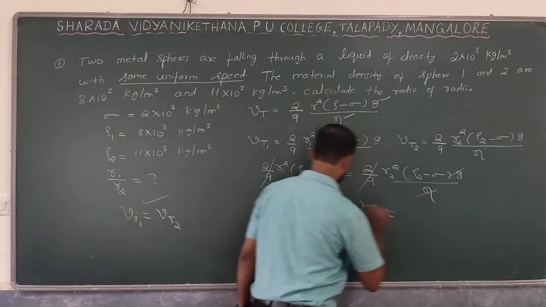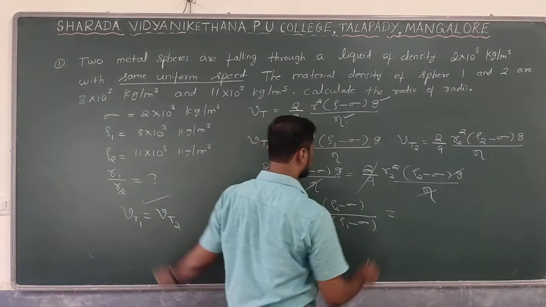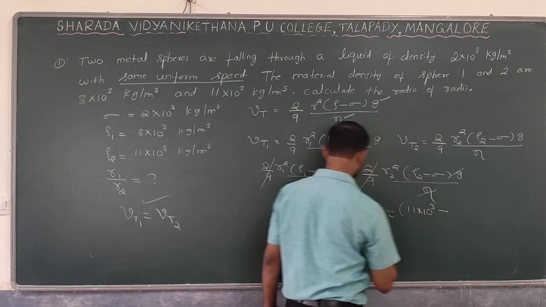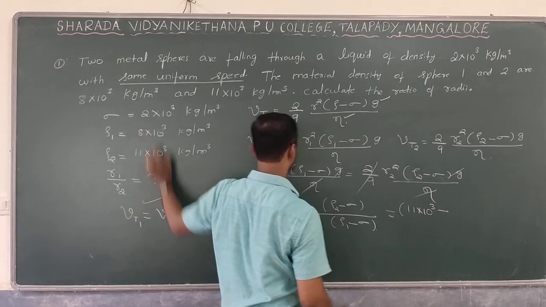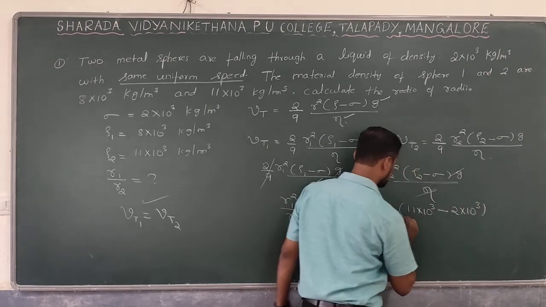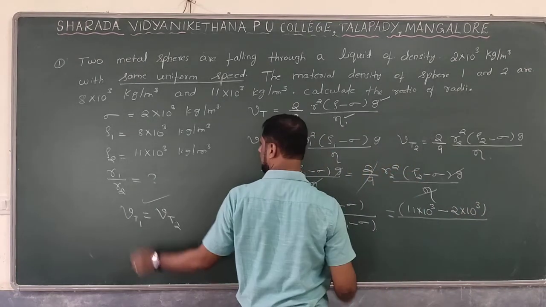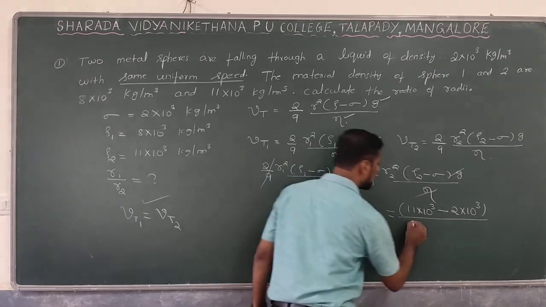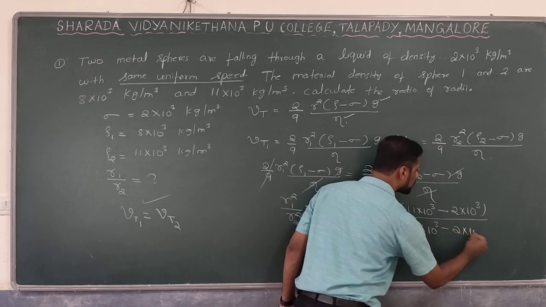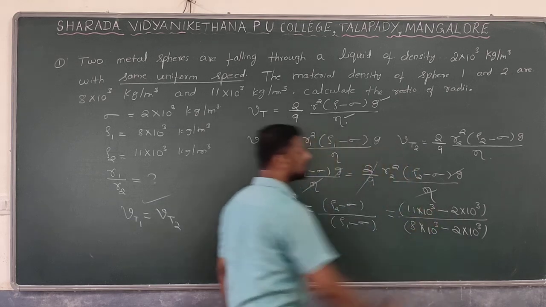Substitute the values. Rho 2, 11 into 10 power 3, minus sigma value is the same, that is 2 into 10 power 3, divided by rho 1 value 8 into 10 power 3 minus sigma 2 into 10 power 3.